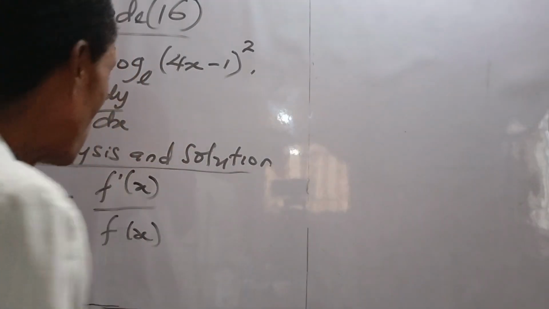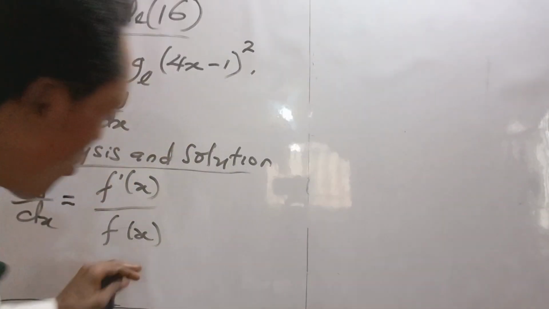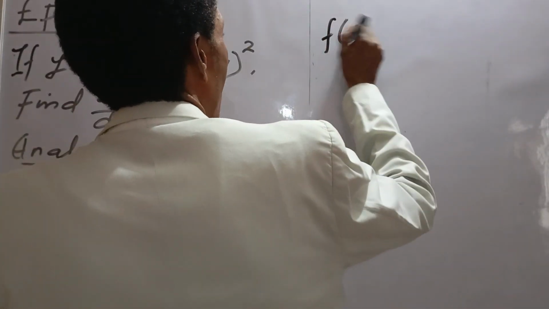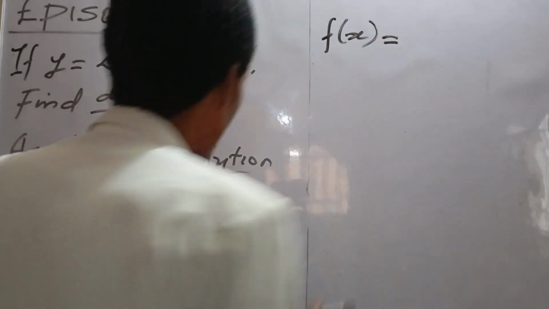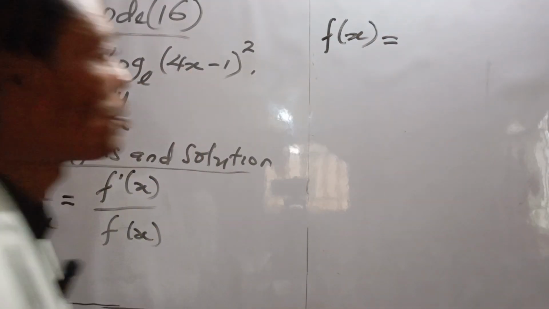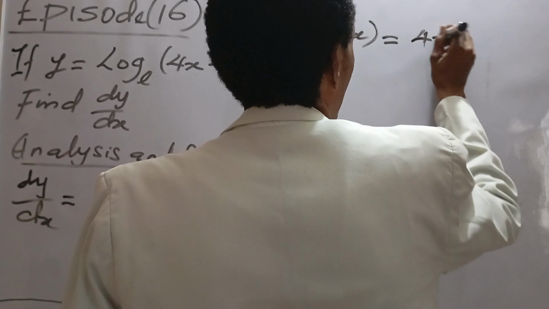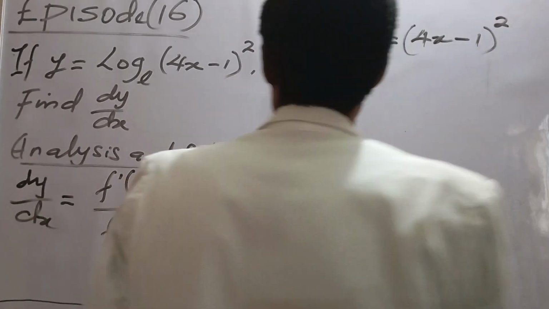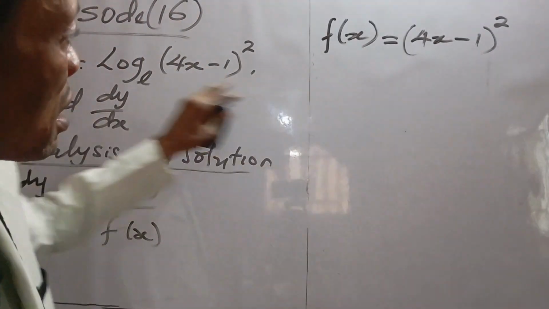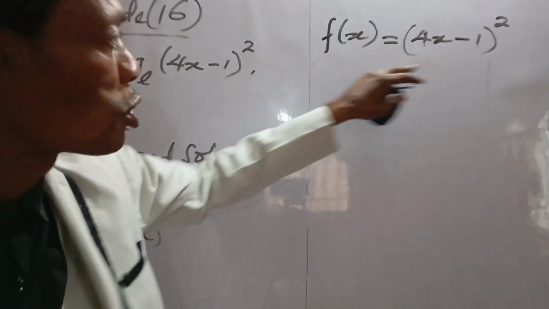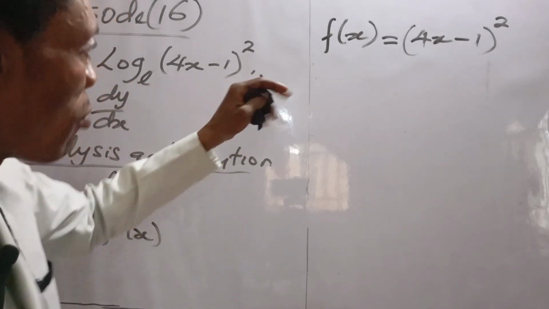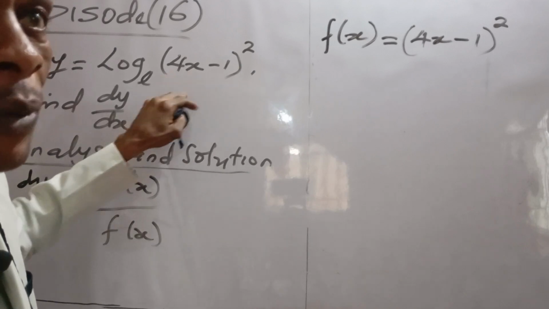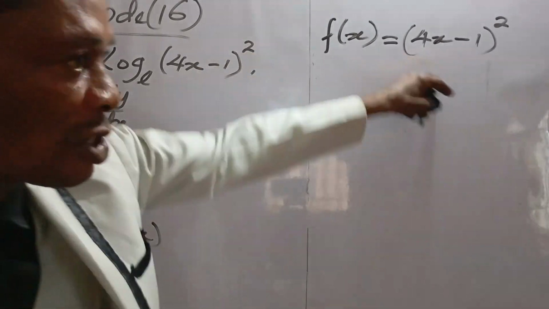So let's go. Now, what is your f of s? Your f of s is 4s minus 1, raised to the power of 2. That is your f of s.